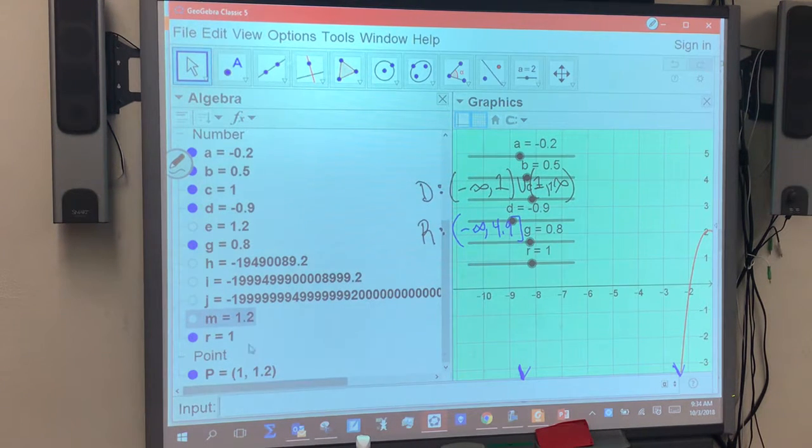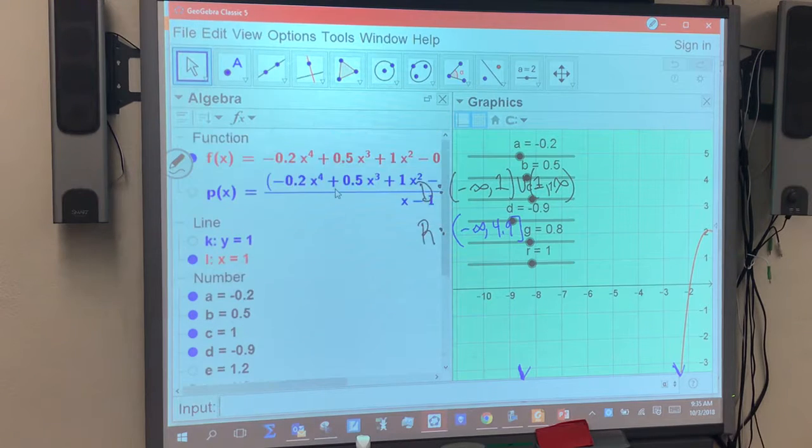It gave me 1.2 back. The other function was called p. When I plug in p of 1 on the blue one, see what spits back to me? Undefined. Because look at that denominator. It's division by 0 when x is 1.